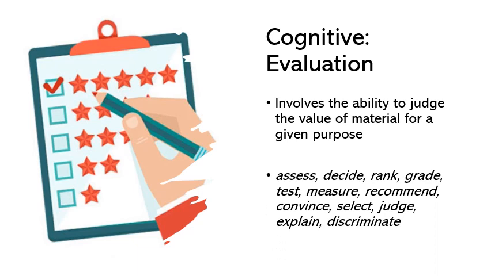Now, the words being used for evaluation or evaluate are the following: assess, decide, rank, grade, test, measure, recommend, convince, select, judge, explain, and discriminate. I will give you another 5 seconds to read through these words again.